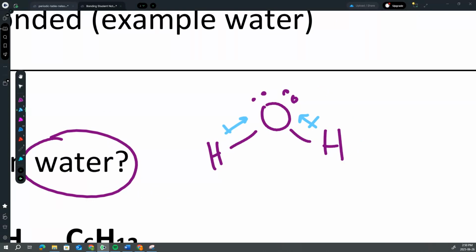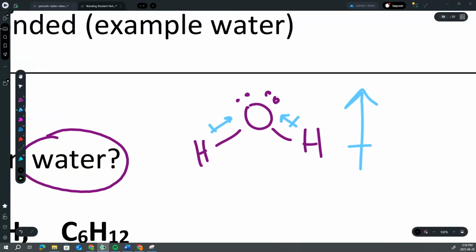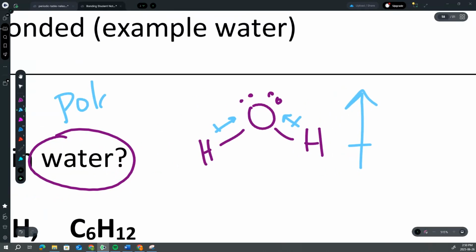Because oxygen is more electronegative than hydrogen, that's why the arrows are pointing up towards oxygen. The resultant vector of these dipole moments, so the small arrows beside the bonds, will be going up towards the side of the compound that has oxygen in it. Another way you can figure out that water is polar is because it's an asymmetrical compound. So water, it's polar.